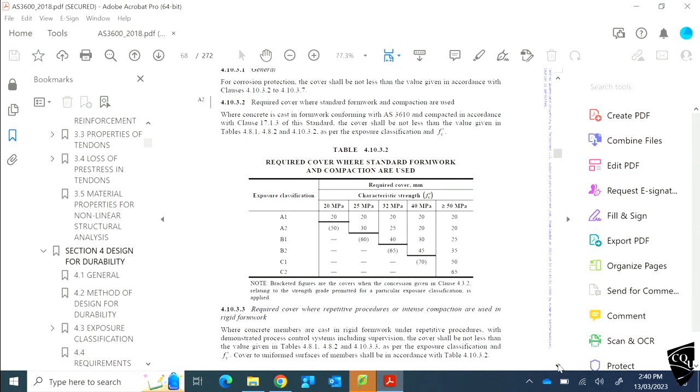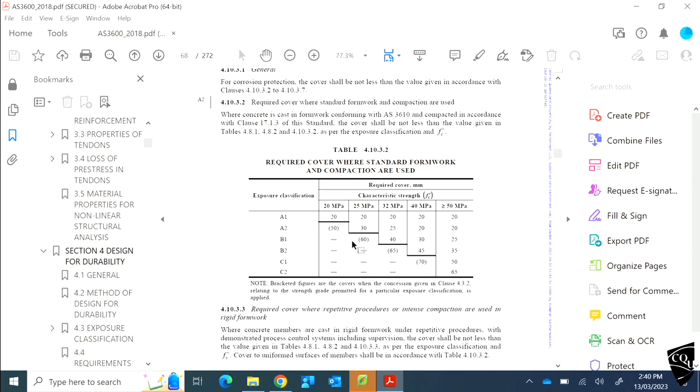So you can see if it is A1, we may be able to use 20 MPa concrete. For A2, 20 MPa concrete is not recommended. Even if you use it, the cover will be more than double. So we don't go for that one.